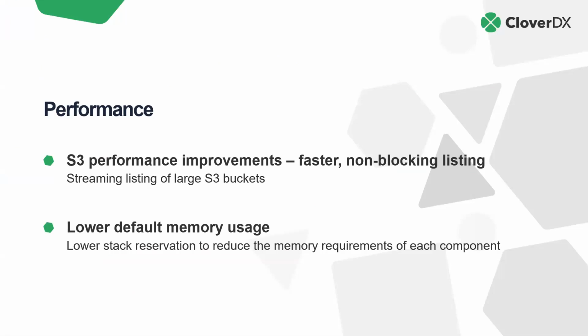Of course, in CloverDX 5.5, we've also made performance improvements. The first and the biggest one is the improvement of performance related to working with S3 buckets. So far, before 5.5, we've had the S3 bucket listing or file listing operation as a blocking operation, meaning that if you, for example, used the List Files component on an S3 bucket and had components afterwards, it had to list the complete content of the bucket before proceeding any further.